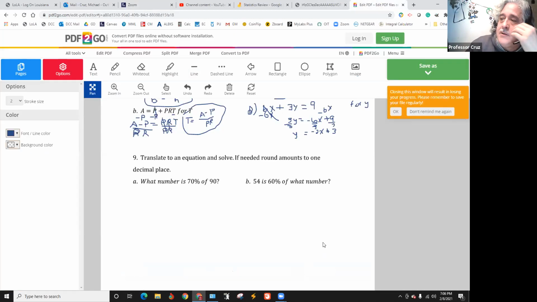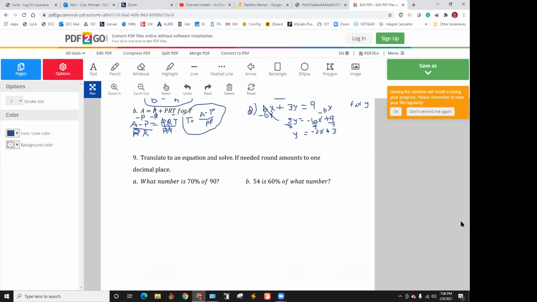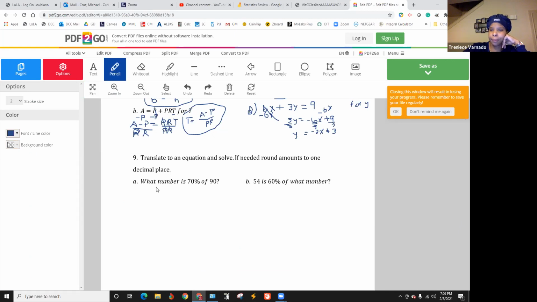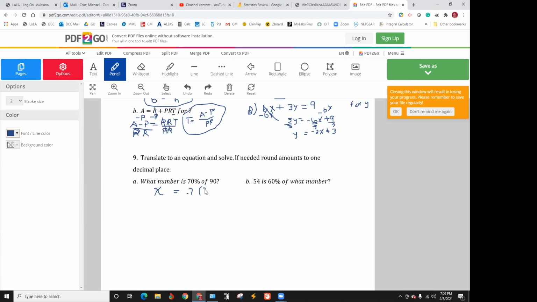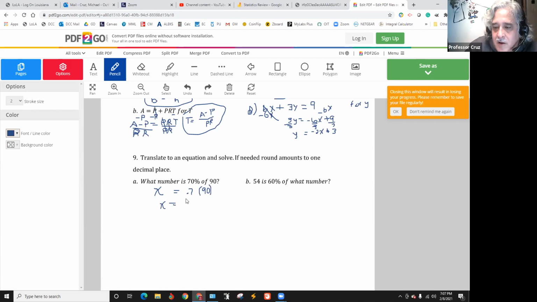All right. So anybody come up with an answer? For A, I got 63. All right, so I'm going to write it out. What number, as our variable, is 70% of 90? We've got to do it as a decimal. X is equal to 63. And then we can state it sort of like this.